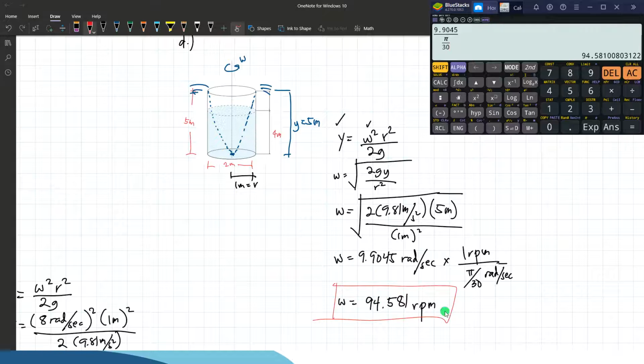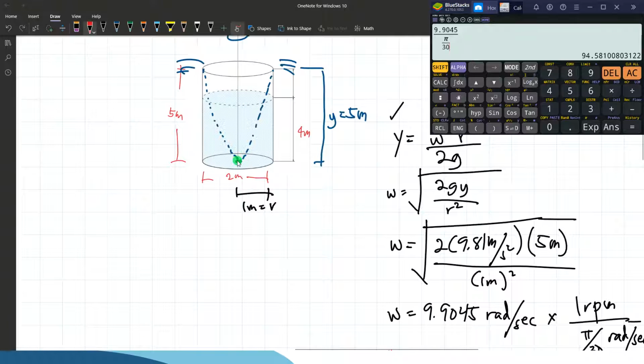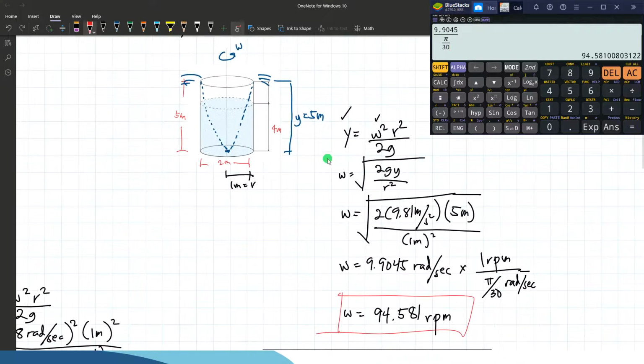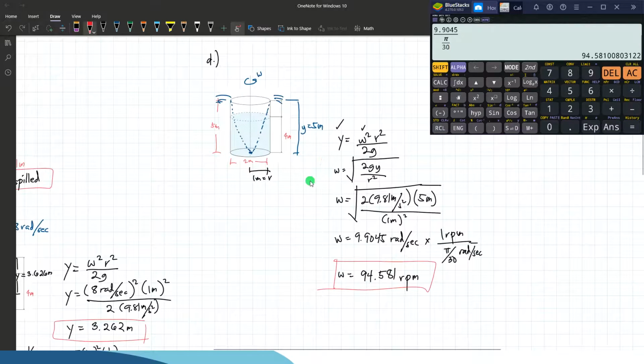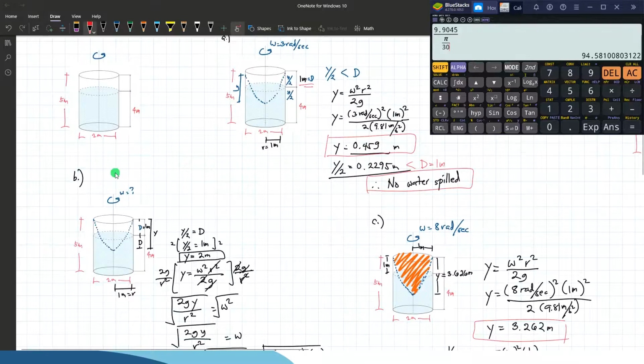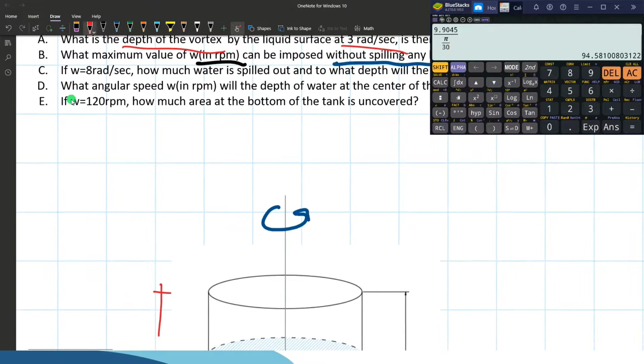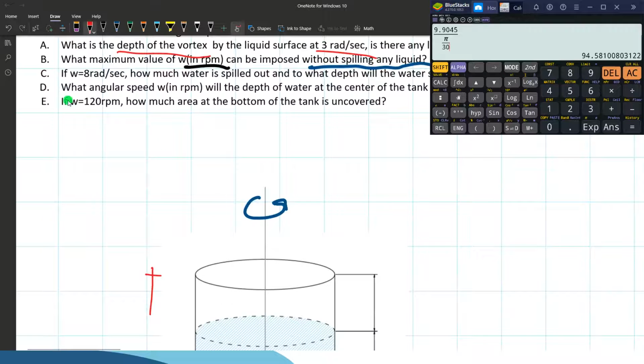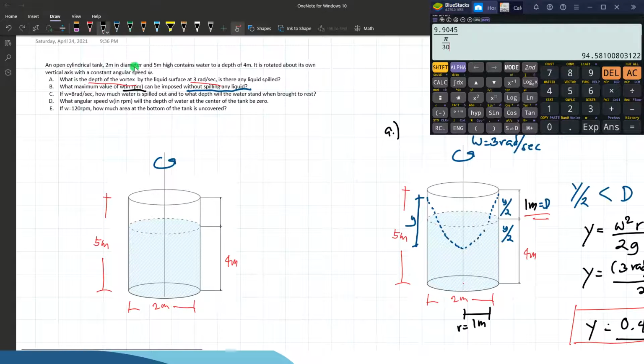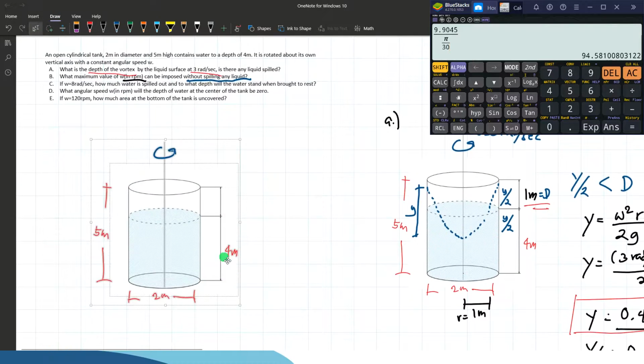But here, for letter D, this will be your angular speed in order for the liquid surface to reach the bottom of the tank. Okay? So that's letter D. For letter E, if W is equal to 120 RPM, how much area at the bottom of the tank is uncovered? So we have 120 revolutions per minute.